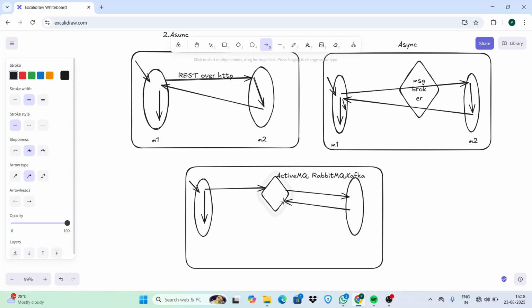It gives the response to this message queue, and further it gives the response to this M1. So this is the asynchronous communication.